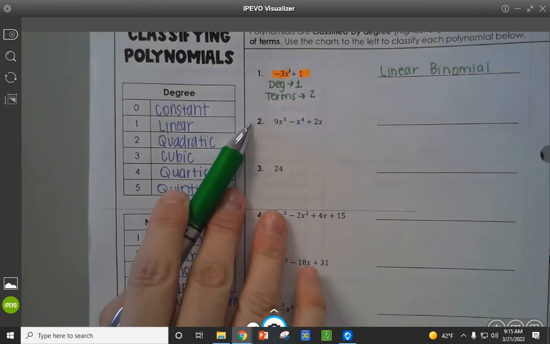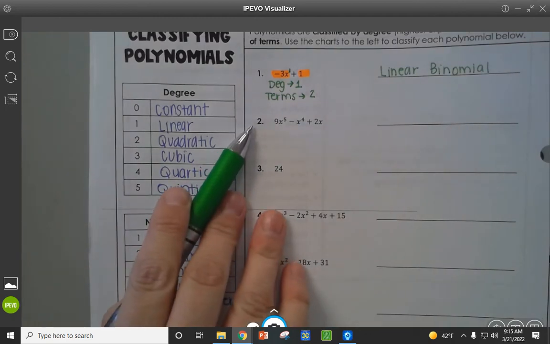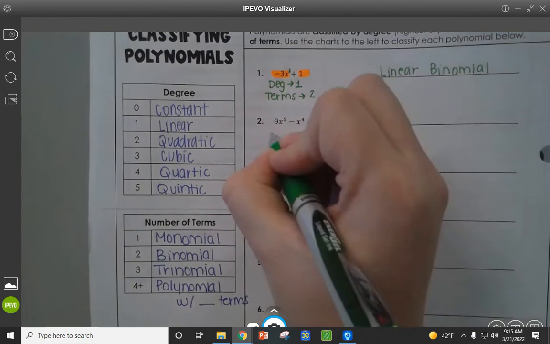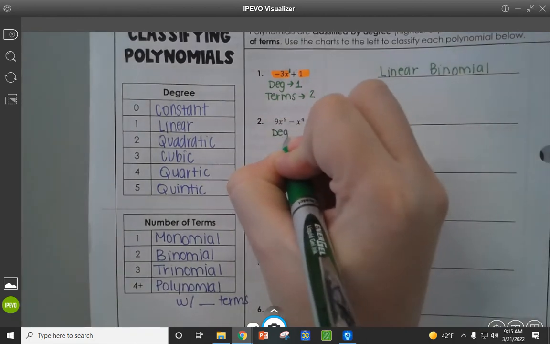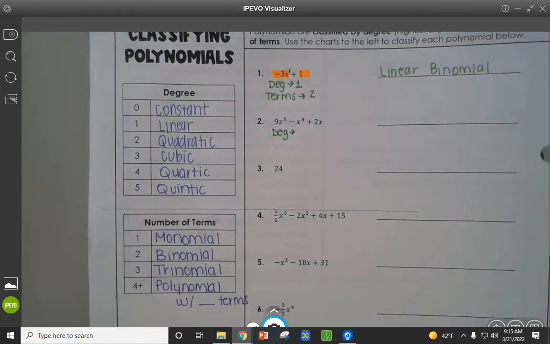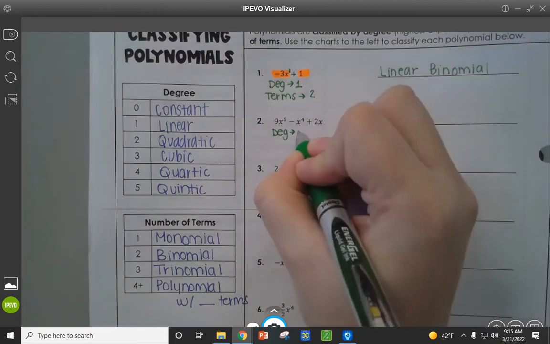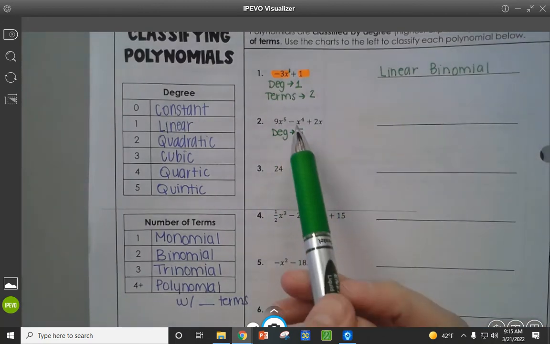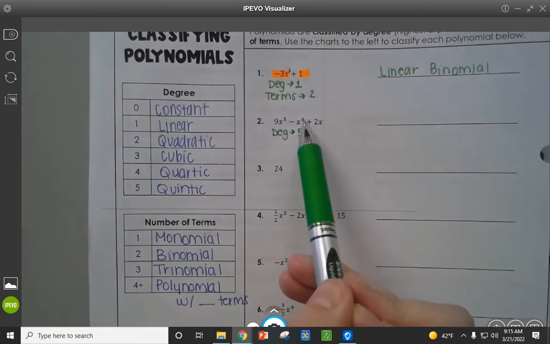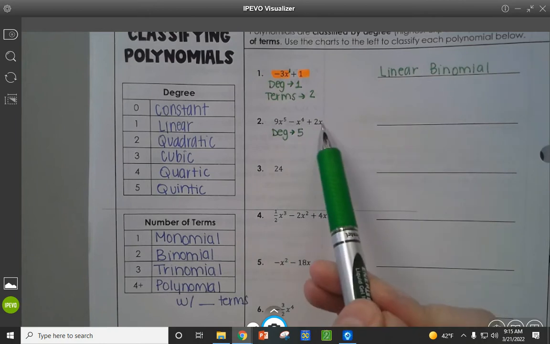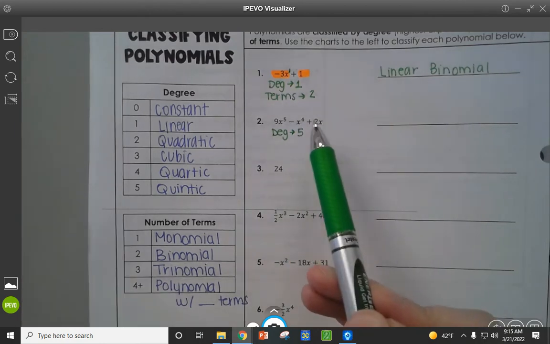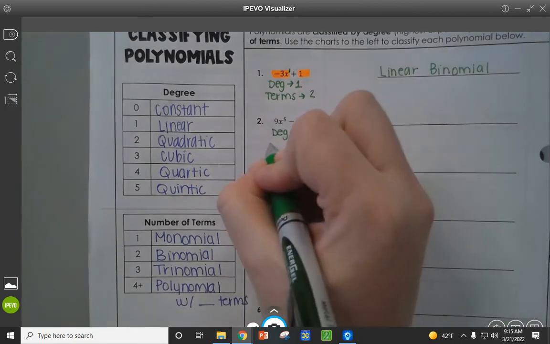What's my leading coefficient on number 2? 9. What is the degree? 5. Notice the largest exponent is 5. I have an exponent of 5, an exponent of 4, and an exponent of 1. So the biggest one is 5. So the degree is 5.